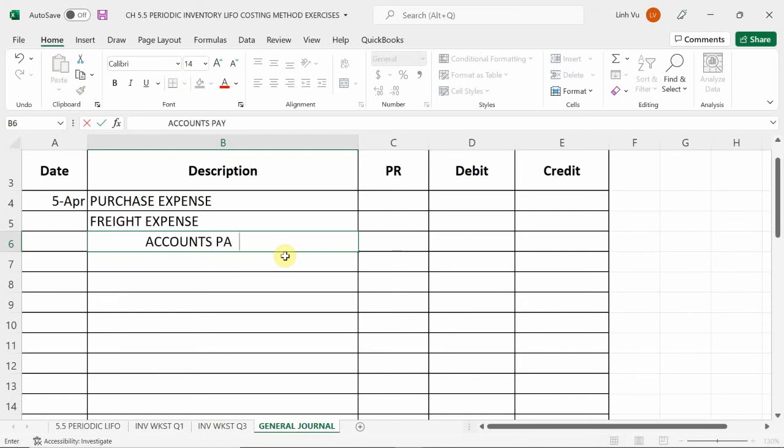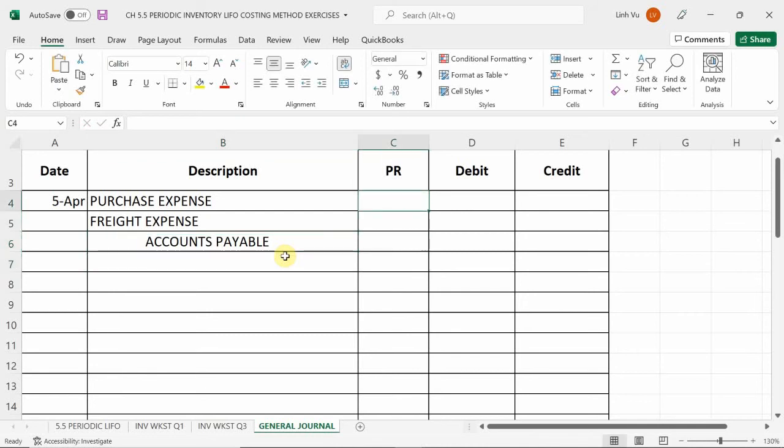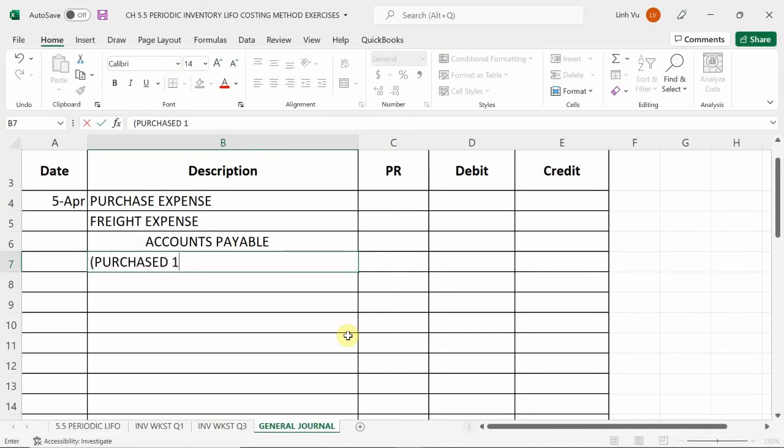Good, because we now owe whoever this vendor is some money. Now, your description can be whatever you have here. I don't have that much information, no vendor or anything, but I do know that I purchased 1,000 units at $5 each.